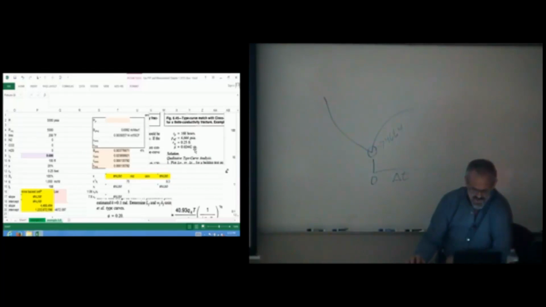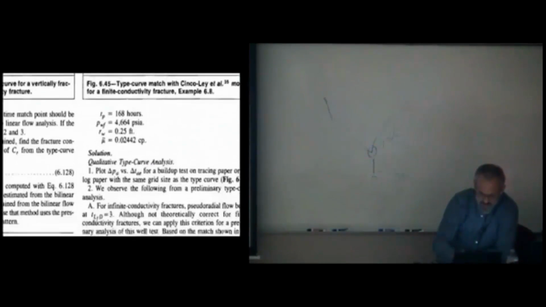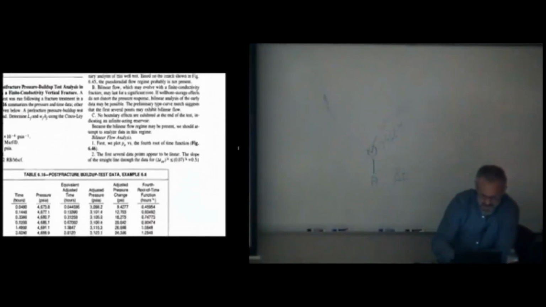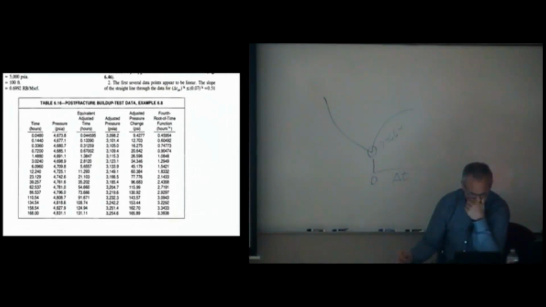I don't really like that 0.002442. It's not that useful to me because I know the textbook's using a different viscosity. Let's see if there's any more clues in our textbook. Isn't there a table of... I got to tell you, I think the textbook does not accurately do adjusted time right, because my numbers get bigger and their numbers get smaller.